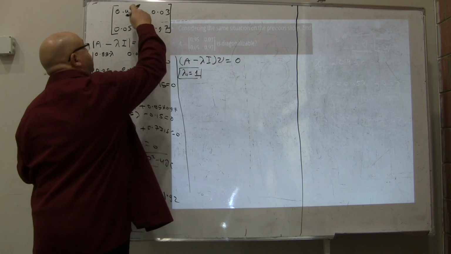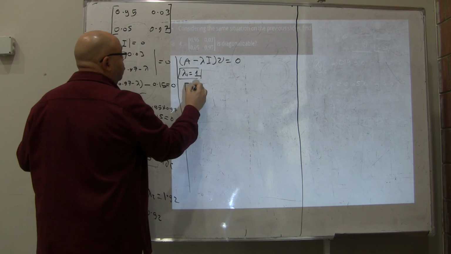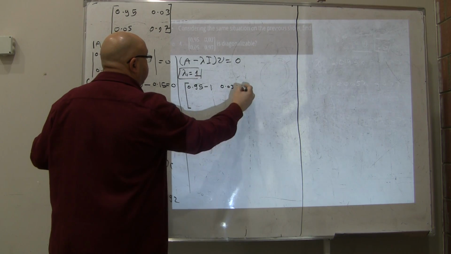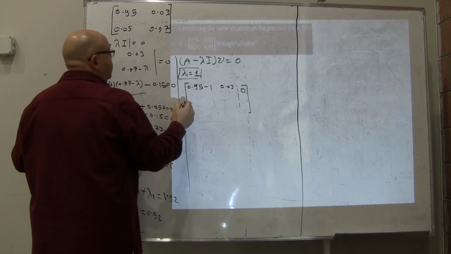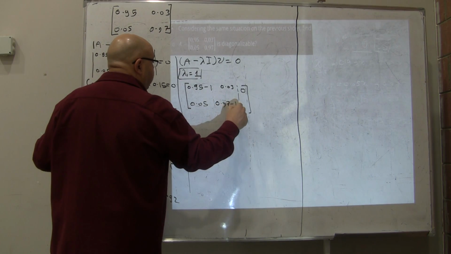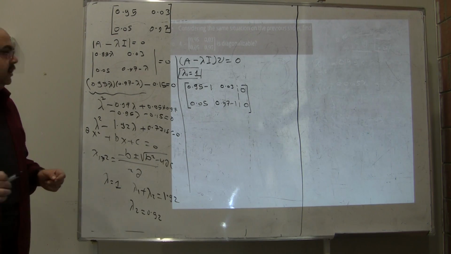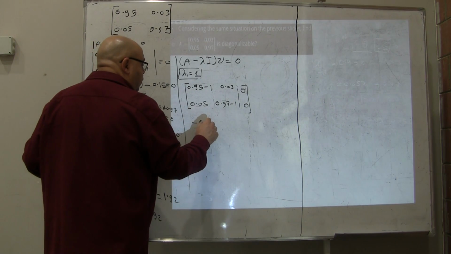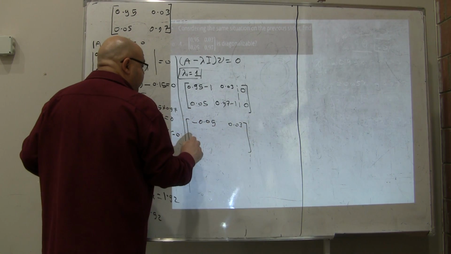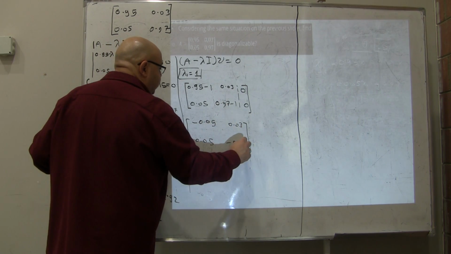So start substituting, which means you have a system: 0.95 minus 1, then you will have 0.03, then 0.05, then 0.97 minus 1. This is equal to negative 0.05, 0.03, and then 0.05, negative 0.03.